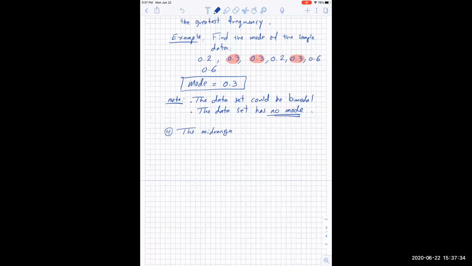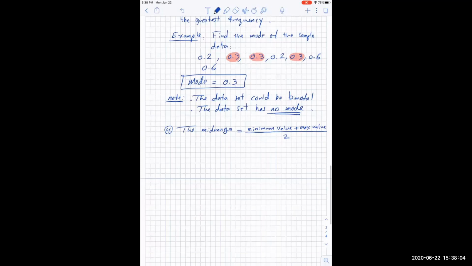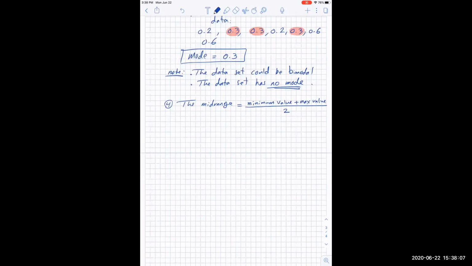The mid-range is another way to describe the center of the sample data, and it is equal to the minimum value plus the maximum value. So you take the smallest value, take the largest value, you add them, and you divide by 2. Lowest plus largest, sum divided by 2.